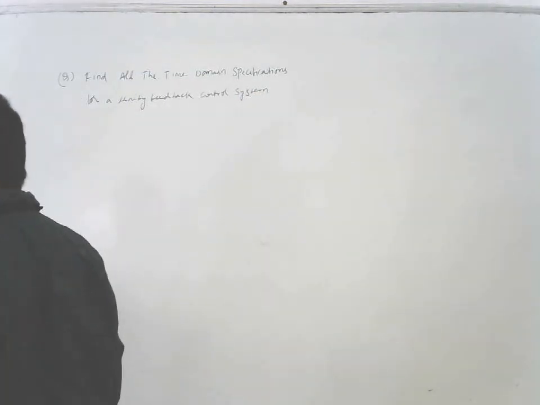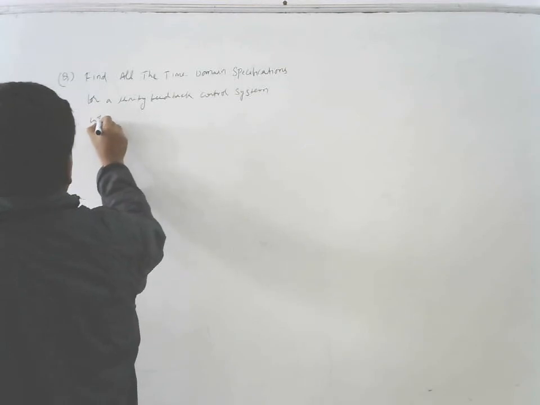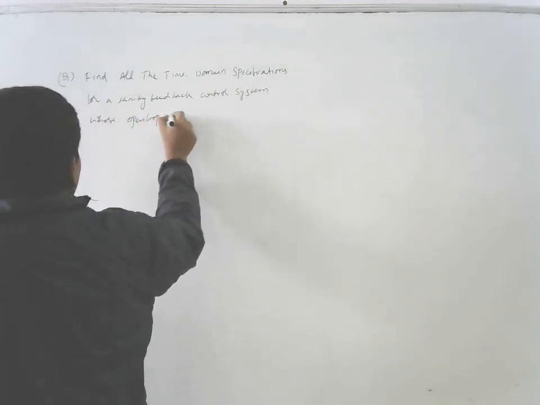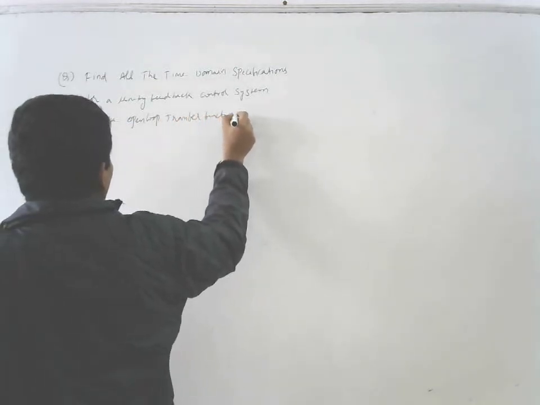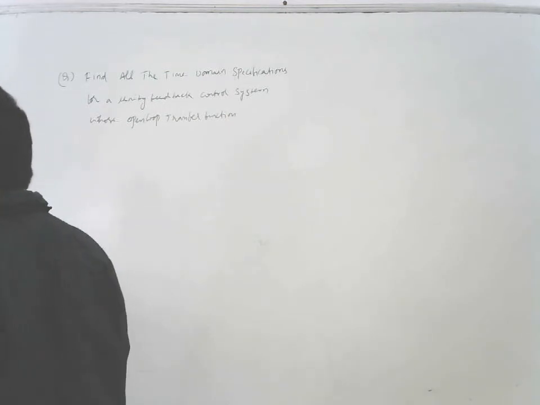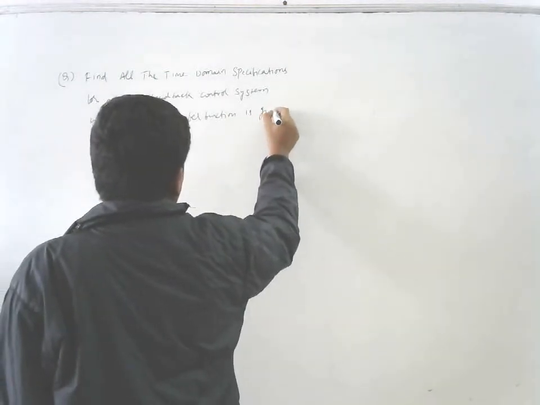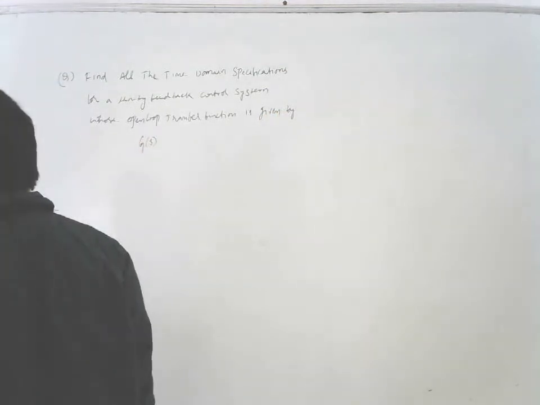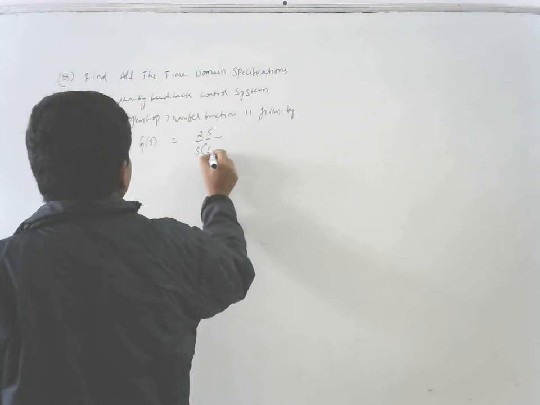For a unity feedback control system whose open loop transfer function is given by G of s is equal to 25 divided by s into s plus 6.